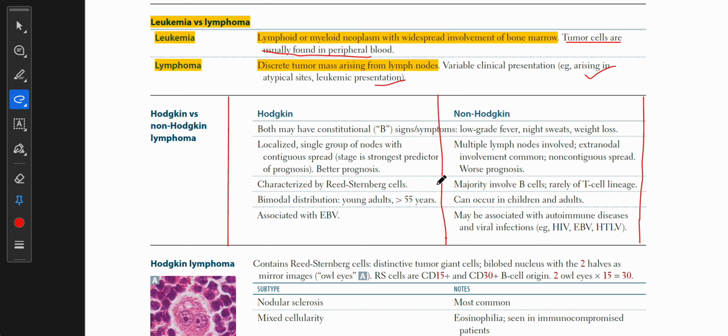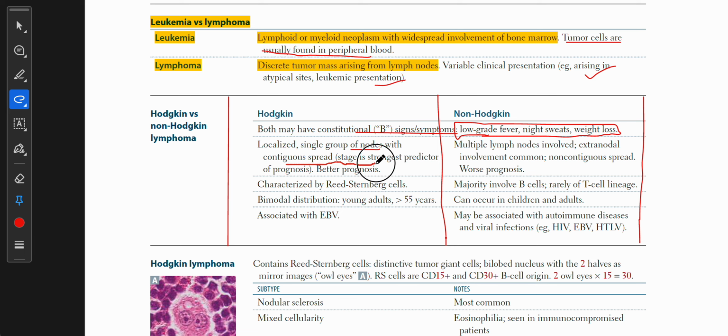Both may have constitutional B symptoms like low-grade fever, night sweats, and weight loss. These are common in both Hodgkin and non-Hodgkin. Hodgkin's lymphoma is localized, a single group of nodes with contiguous spread.